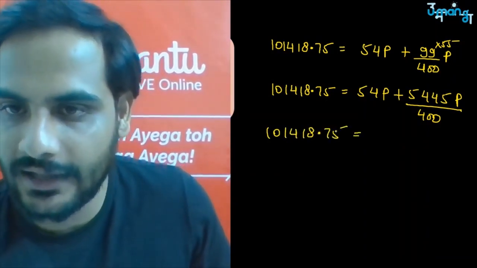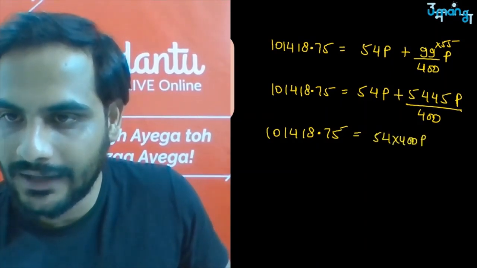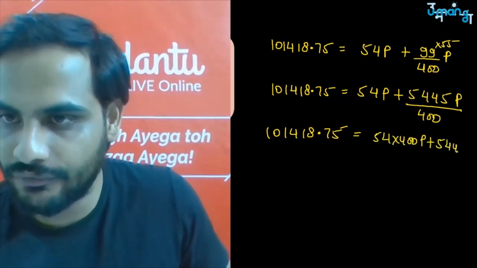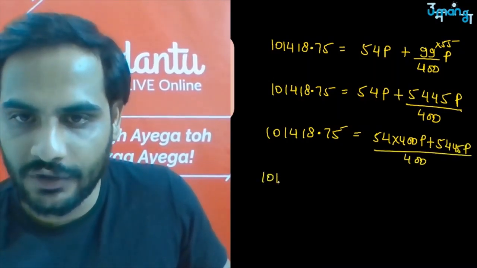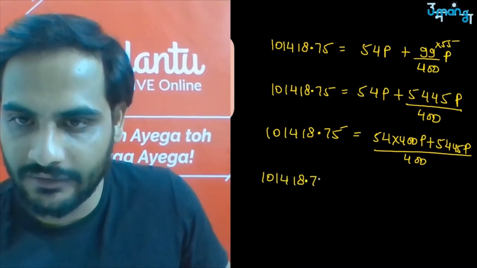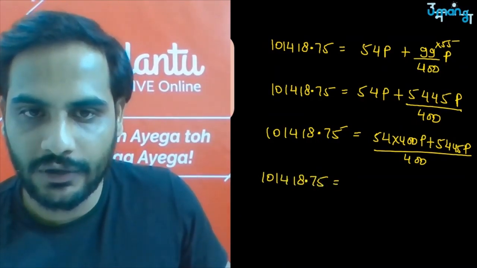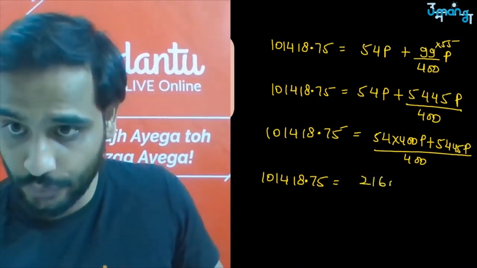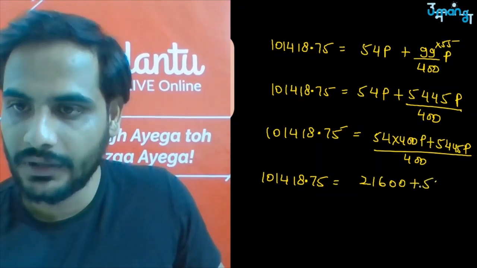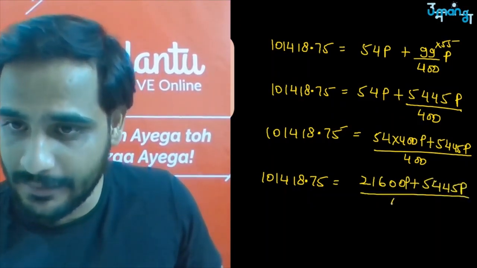101418.75. Here take LCM. So you'll be getting 54 into 400 times of P plus 5445p divided by 400. So you are getting 101418.75 is equal to this. 54 into 400 will be equal to 21600P plus 5445p divided by 400.